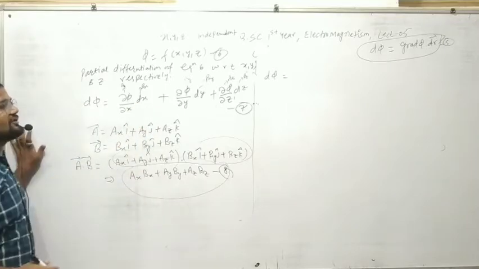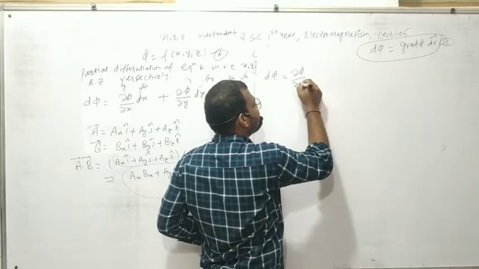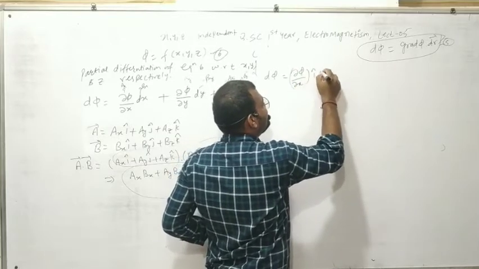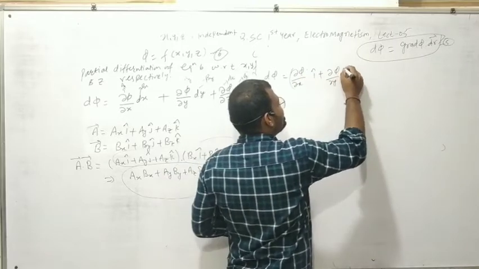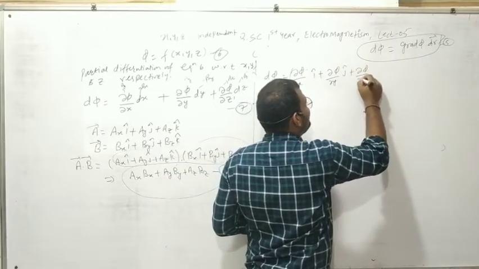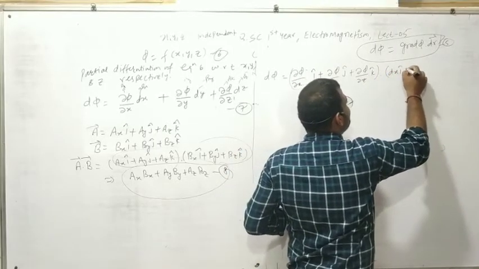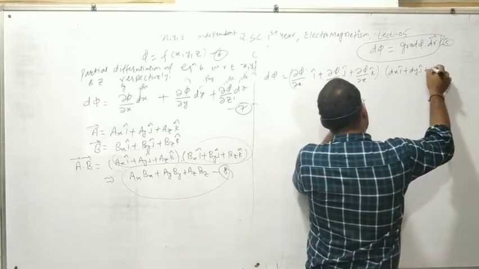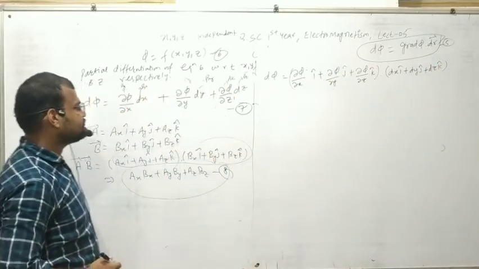So from here, equation 7, what can you write? You can write del phi over del x i cap plus del phi over del y j cap plus del phi over del z k cap dot dx i cap plus dy j cap plus dz k cap.